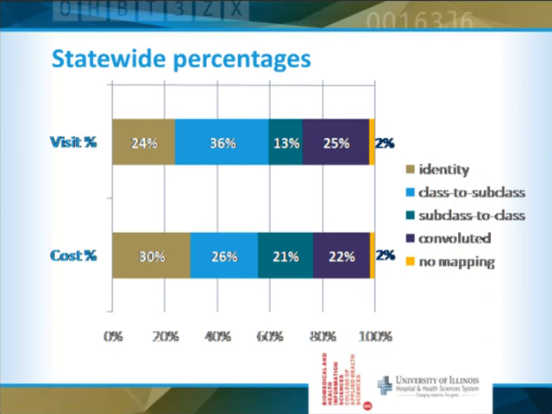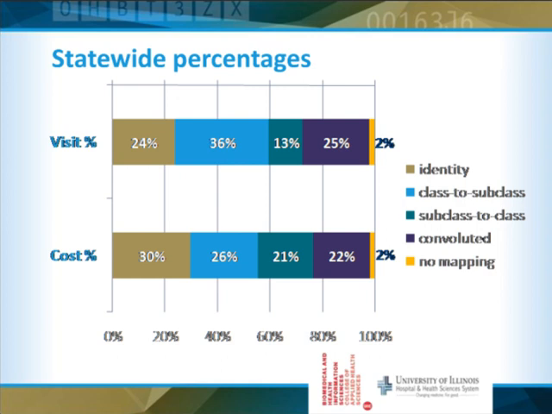And everything was actually billed via ICD-9-CM code, no DRGs, nothing like that. Good news: 24% of the visits and 30% of the cost were identity. You can run identical maps, identical reports. However, one of the challenges was that 2% of the visits and 2% of the cost have no mapping. Not critical, but it's still 2%.